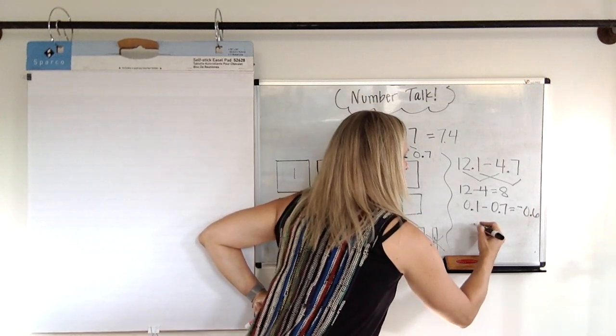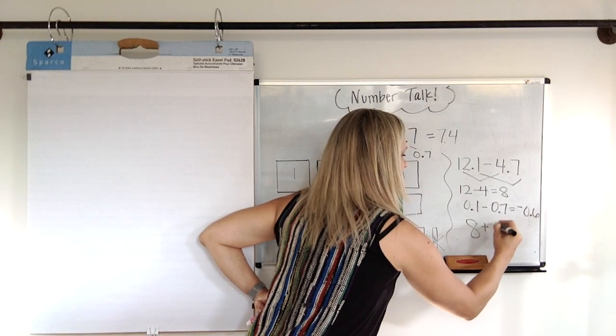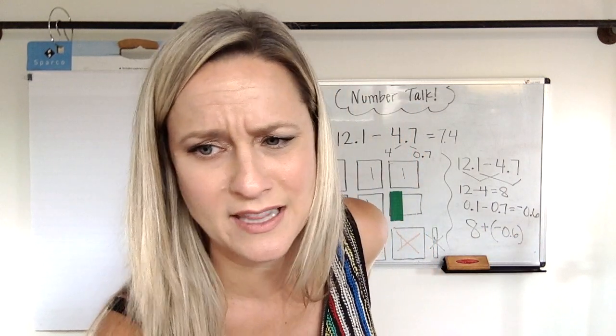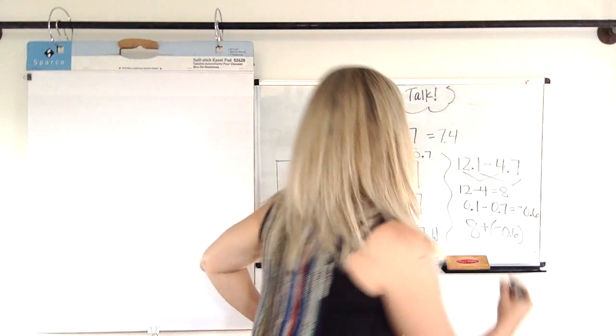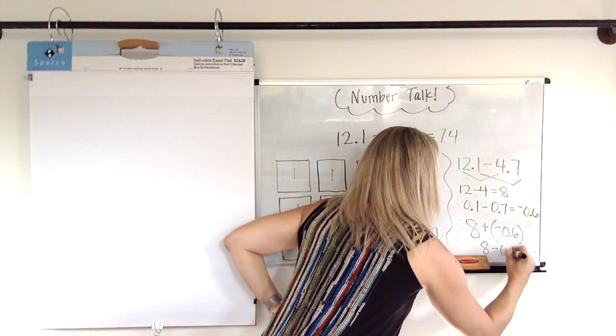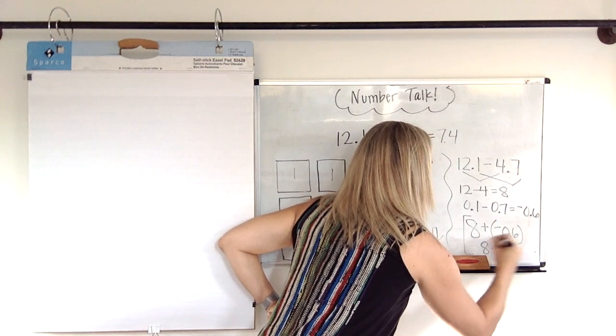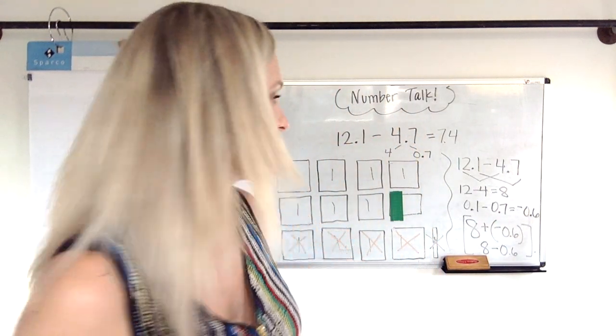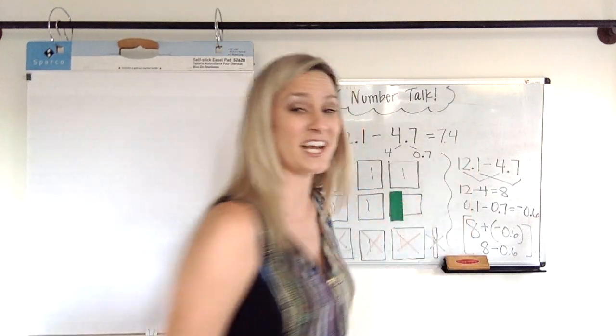So we could say 8 plus a negative 6/10, which is actually the same as 8 minus 6/10. Samesies. You would get 7 and 4/10. So it would actually check out.